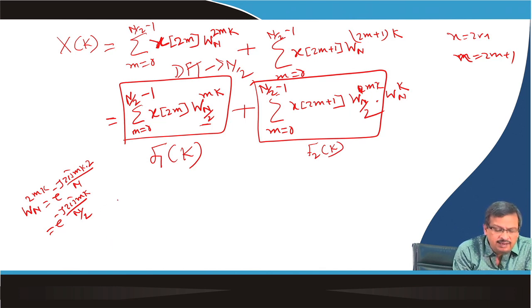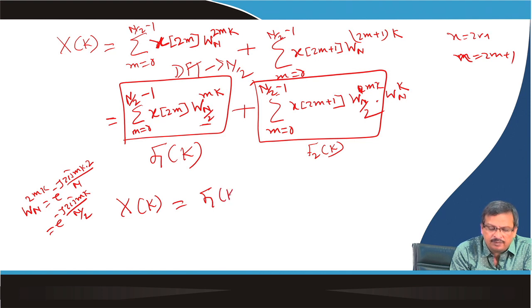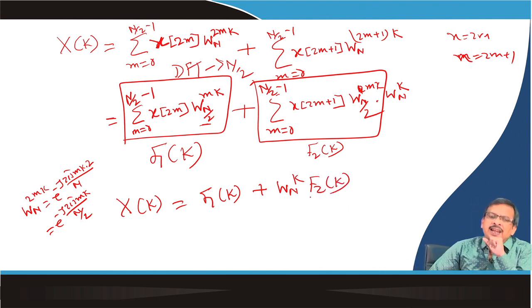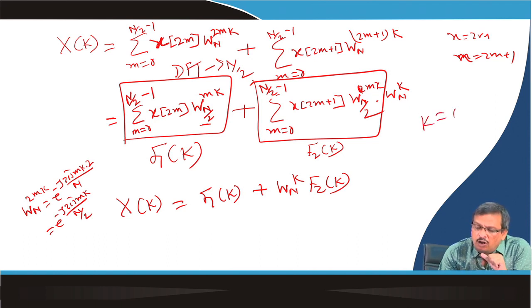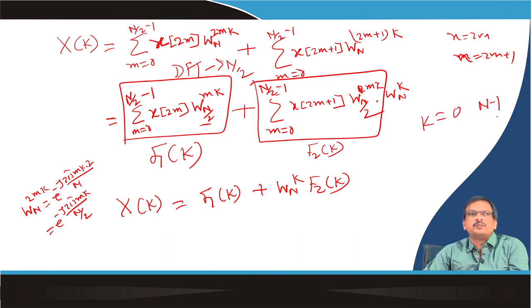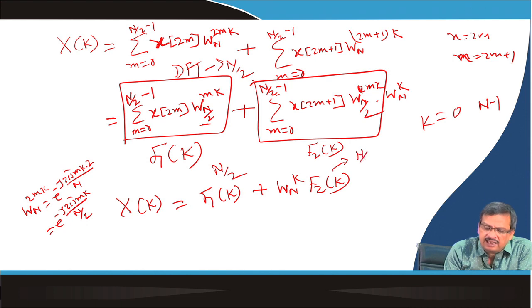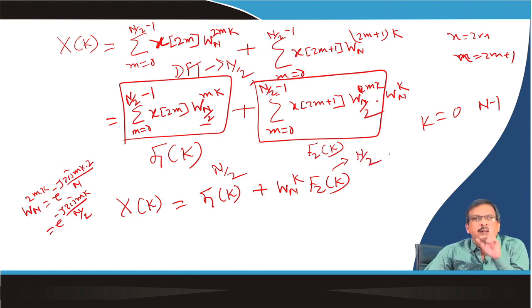So, how can I write? I can write X(k) is equal to F1(k) plus W_N^k F2(k). Now, X(k) varies from 0 to N minus 1, but the length of F1(k) is N/2 and the length of F2(k) is N/2. If the length of the DFT is N/2, then N/2 is the period.